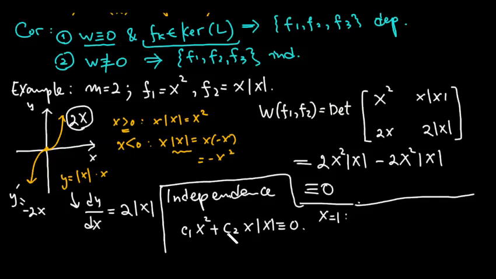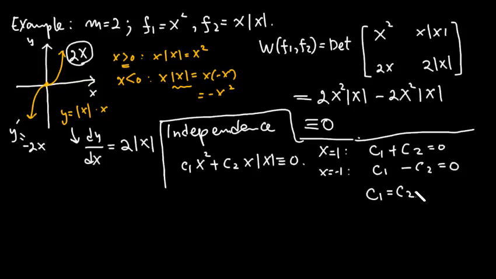When x equals 1, this gives us c1 plus c2 equals 0. Let's try x equals negative 1. Then that's c1 again, and negative 1 picks up a negative c2, so c1 minus c2 equals 0. If you solve these equations, both coefficients are 0. So no matter what, if you try 2 points, it quickly shows there's no choice other than both coefficients being 0. That's the proof of linear independence.